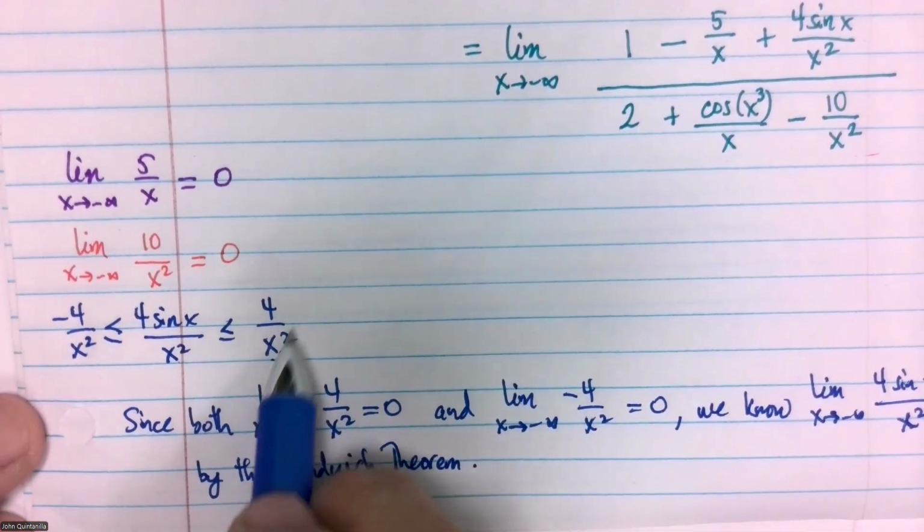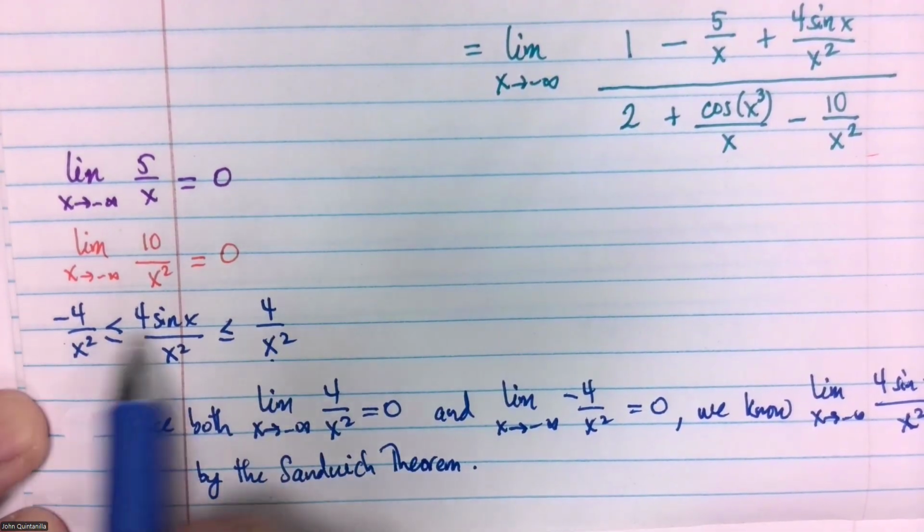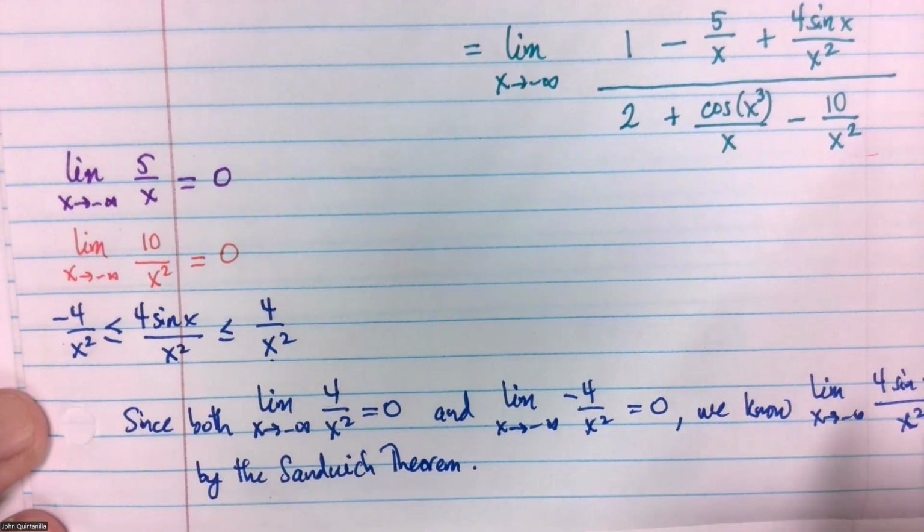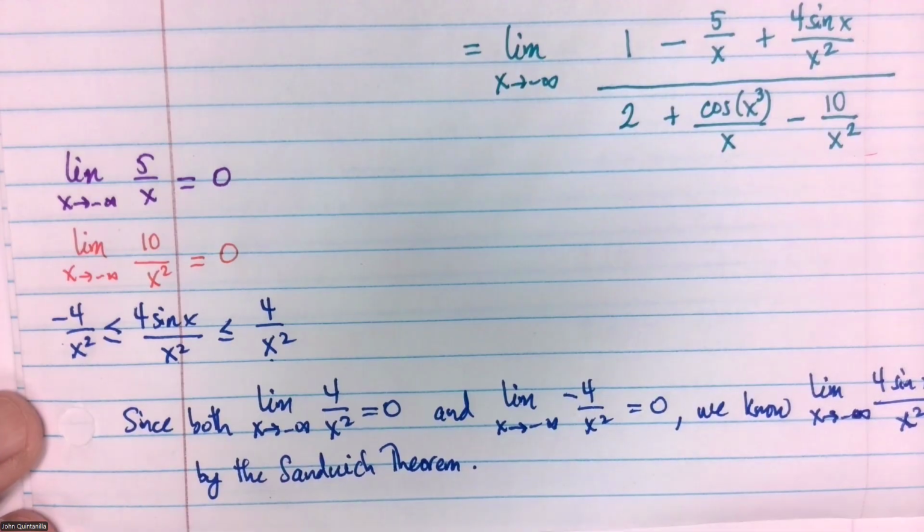This bigger thing goes to 0, this smaller thing goes to 0, and the thing in between has nowhere else to go except 0 as x goes to negative infinity.